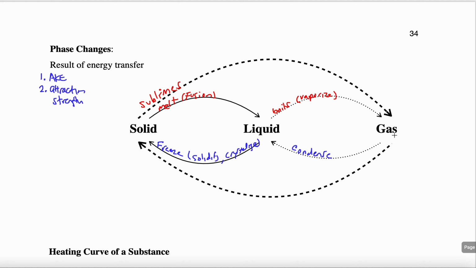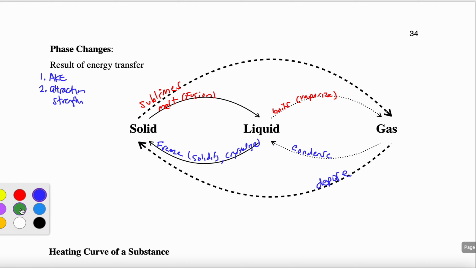And then there's the opposite process when you start off as a gas and it turns directly into a solid, completely skipping the liquid phase. So it's the opposite of when a solid sublimes, a gas will deposit. Or it goes through deposition.